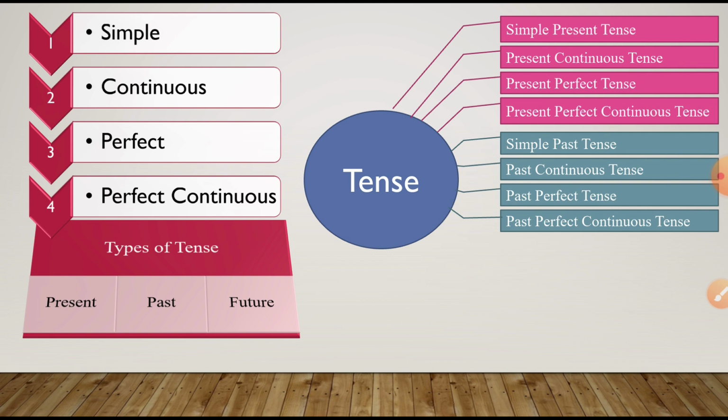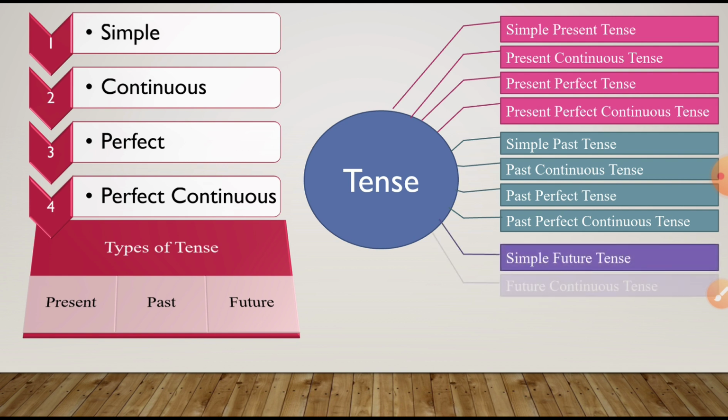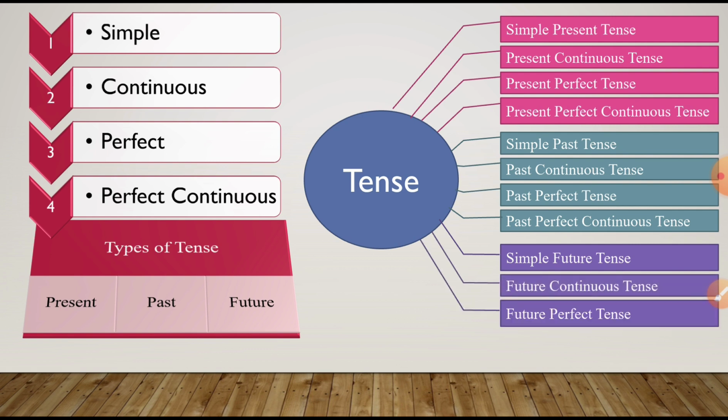Now we will see the 4 kinds of future tense: simple future tense, future continuous tense, future perfect tense and future perfect continuous tense. So these are the total 12 tenses in the English language.